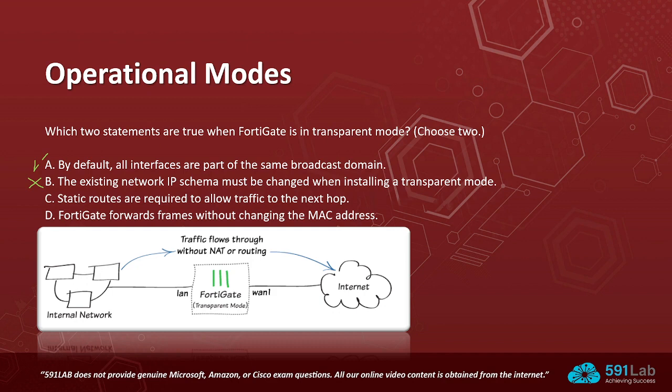The third one, C, static routes are required to allow the traffic to the next hop. No, that is wrong. The only route that you need in the FortiGate in transparent mode is for the admin.